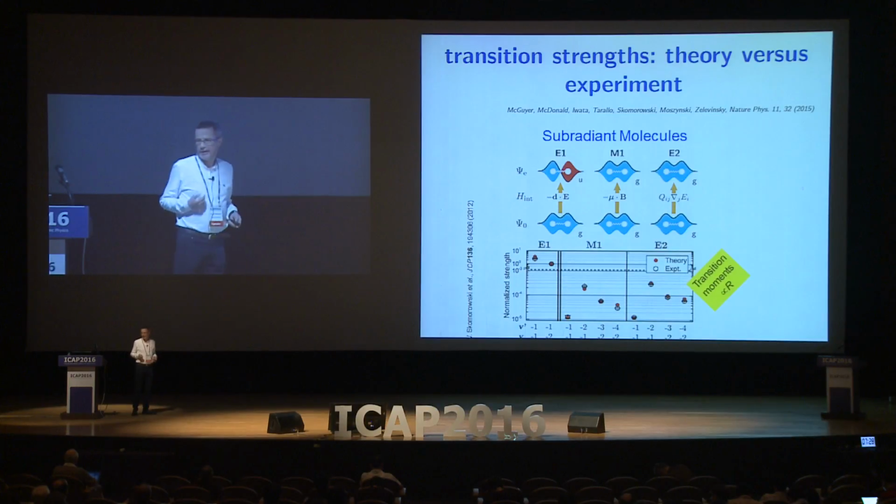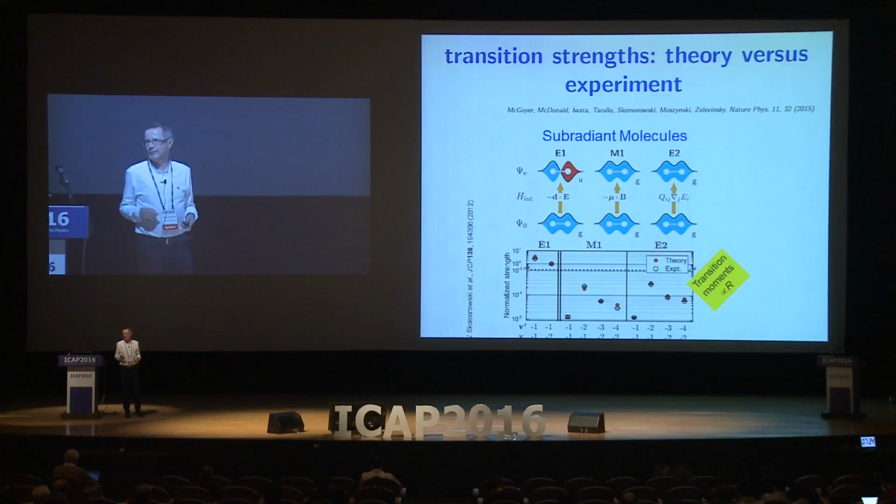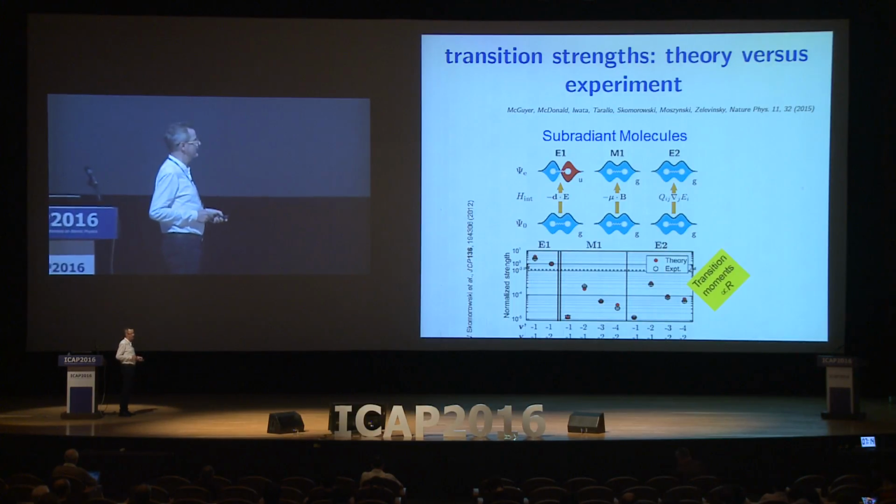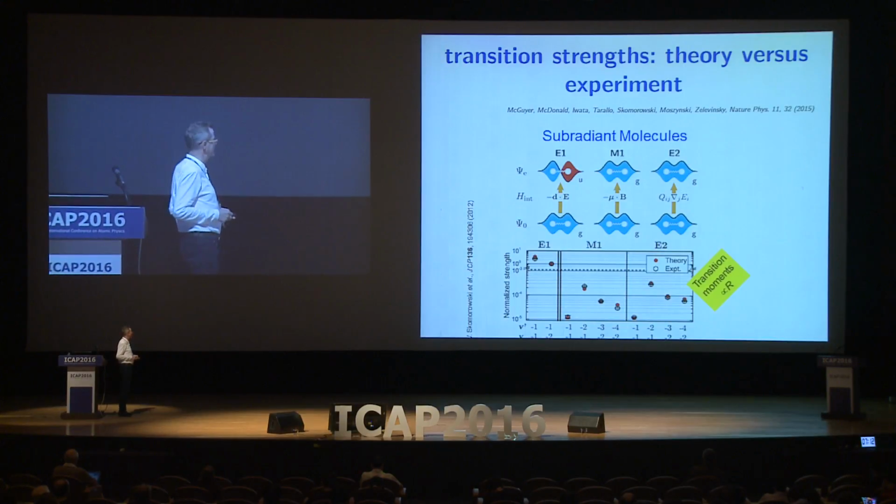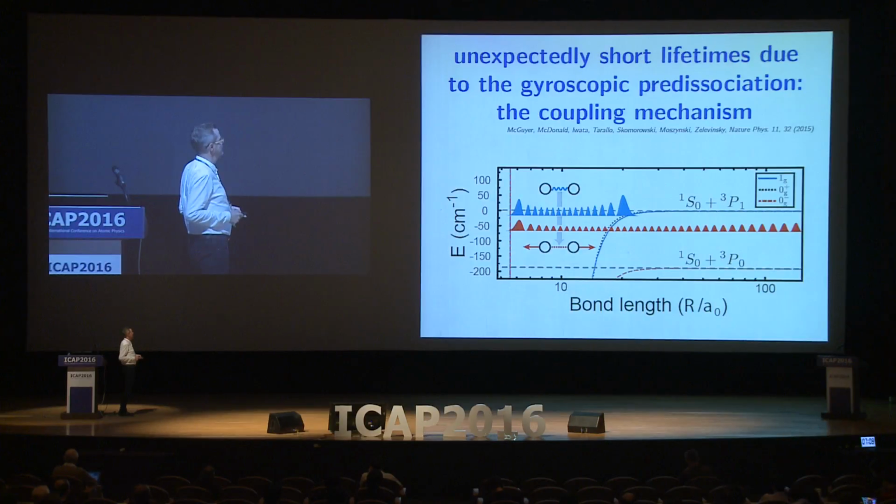Okay, but well, as you know, no, you may not know, but I am a quantum chemist, so quantum chemists usually do precise calculations. And when we did precise calculations, this is a kind of agreement that we got for the transition strengths. So the agreement is perfect.